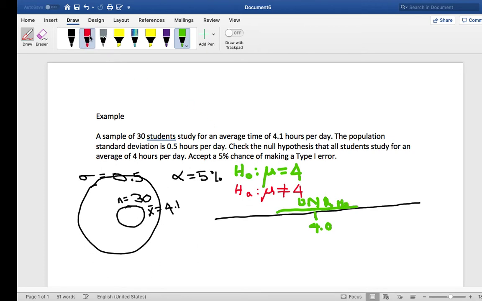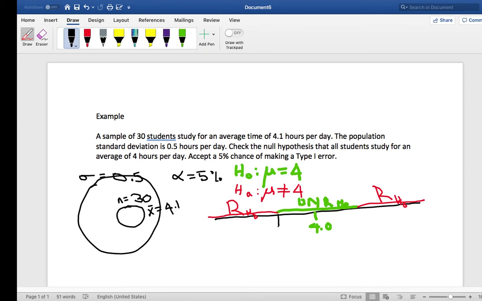If we fall in the red zones over here, we're going to say reject H0. If our sample falls in this red zone, we're also going to say reject H0.